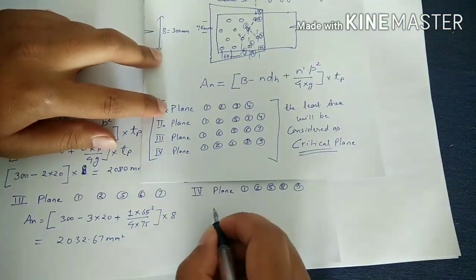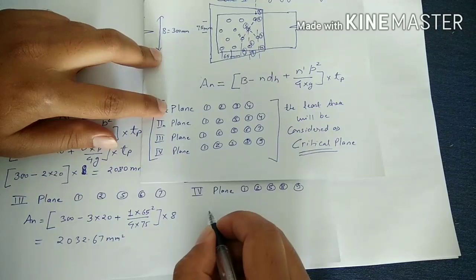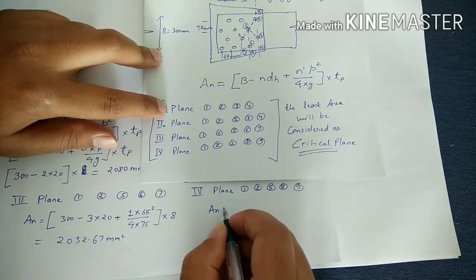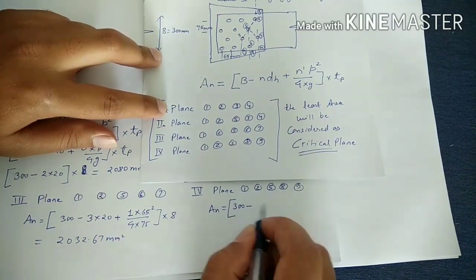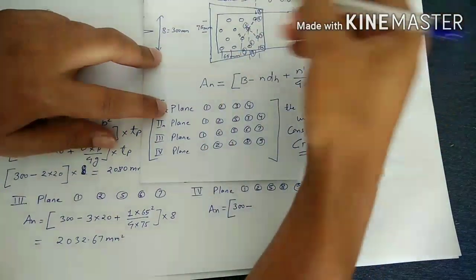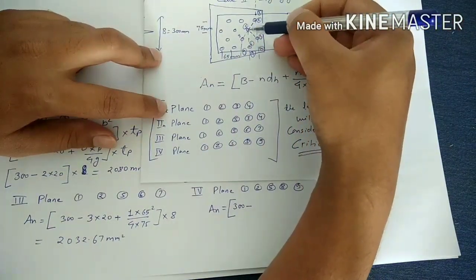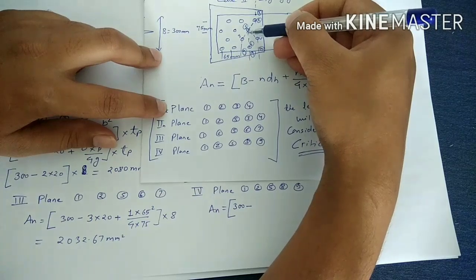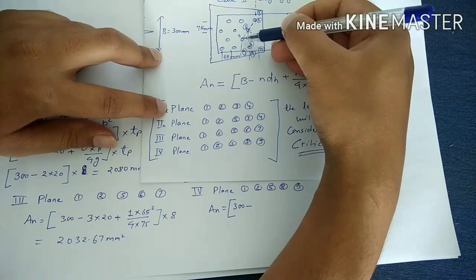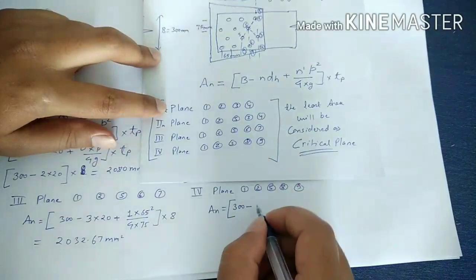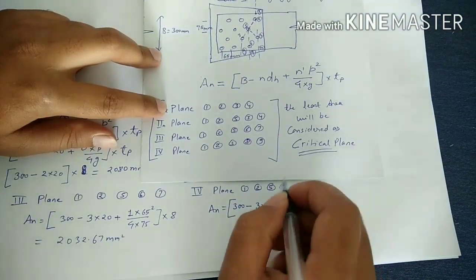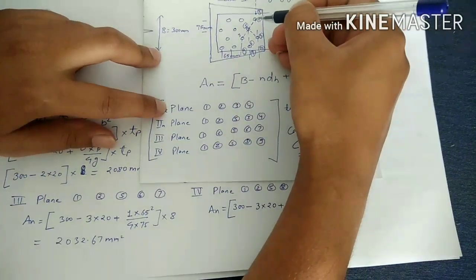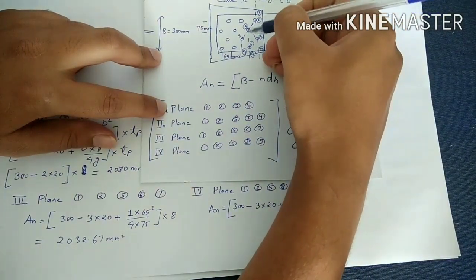Therefore AN will be equal to 300 minus the number of bolts coming in this plane, only 3, into 20 plus staggering, 2 times, from 2 to 5 and 5 to 8.